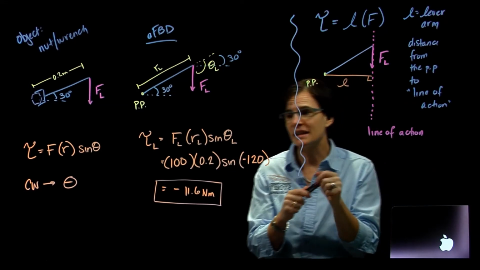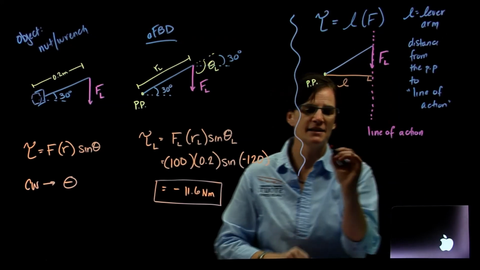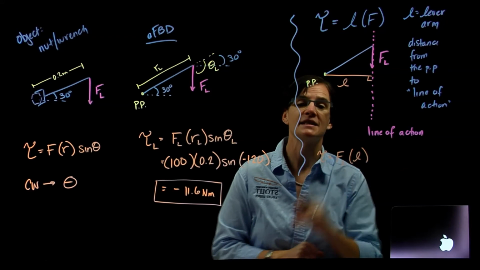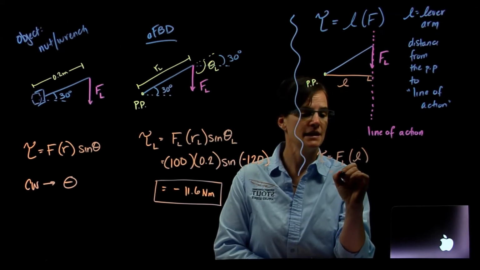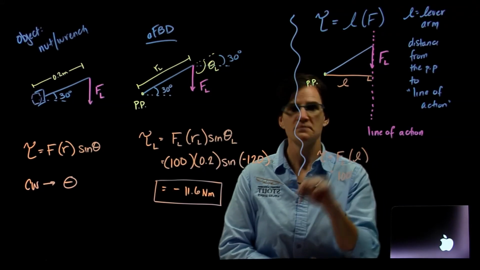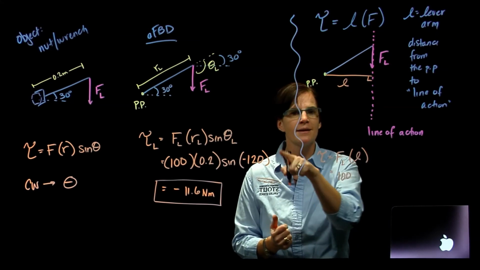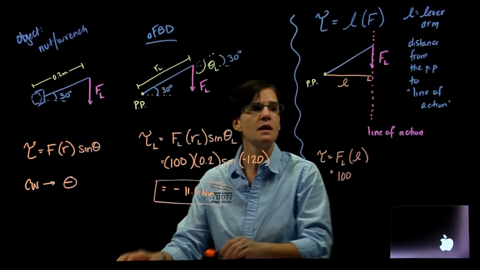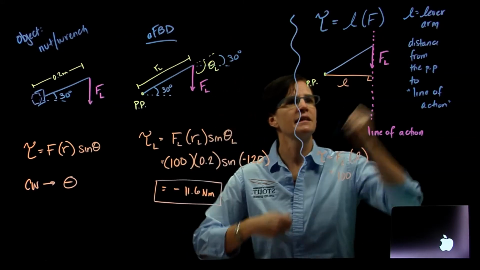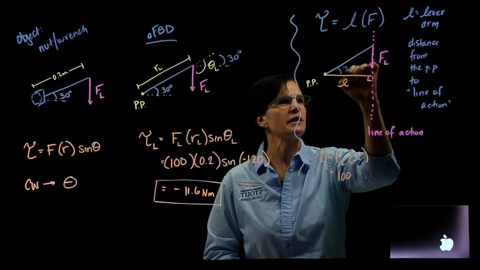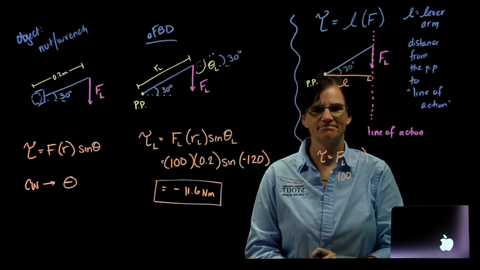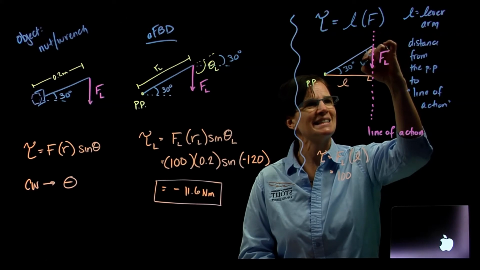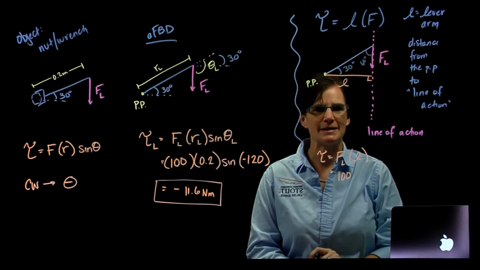Now if I'm going to calculate the torque based on that, I have the force times the distance L. Well, my force is the same as in the previous situation. But what is my distance L? We know that this is 30 degrees, which makes this angle 60 degrees.